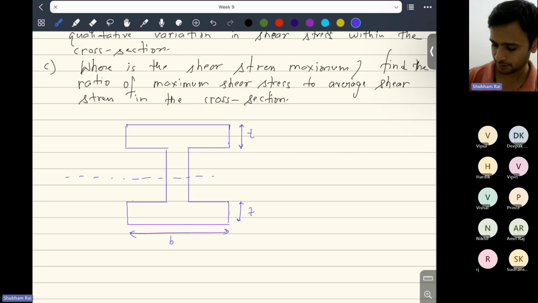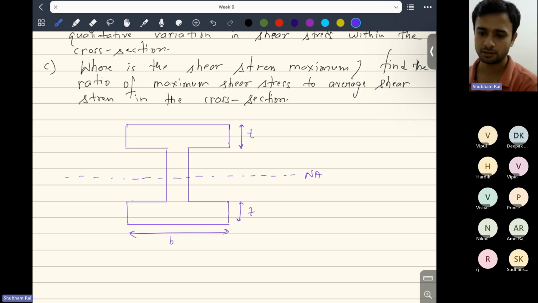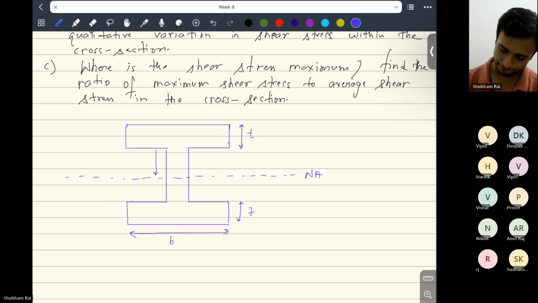That will coincide with the centroid because it is symmetrical about the neutral axis. So let's say this length is L, and this length is also L.